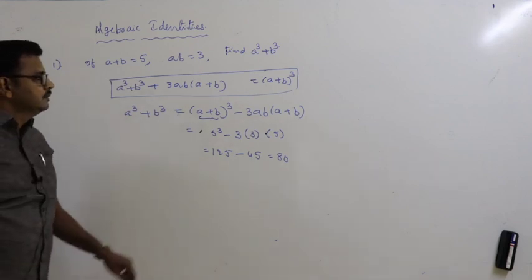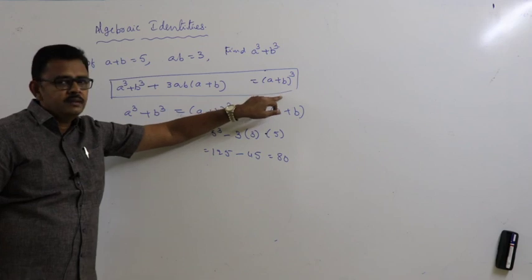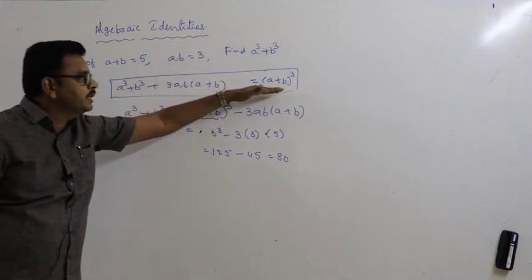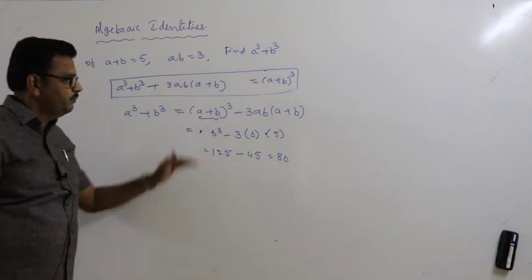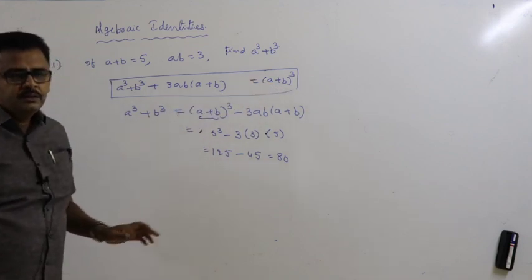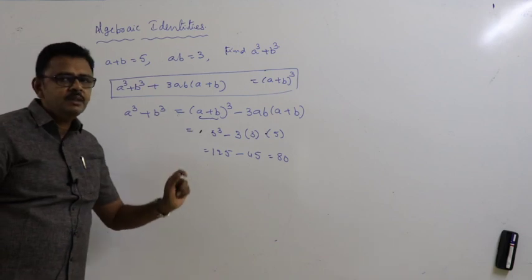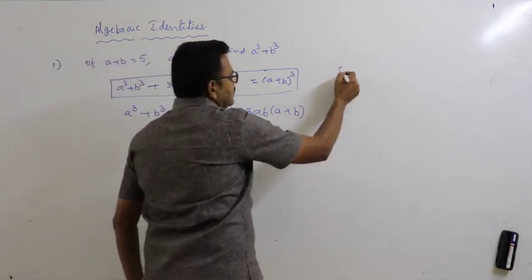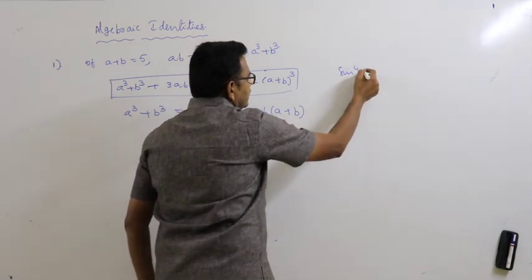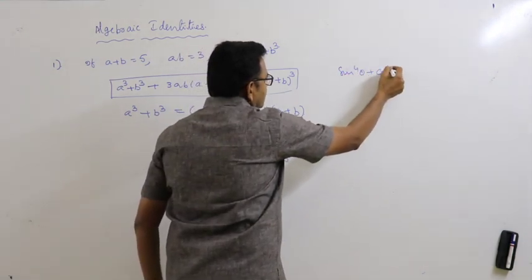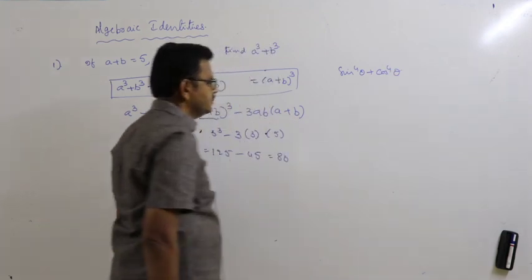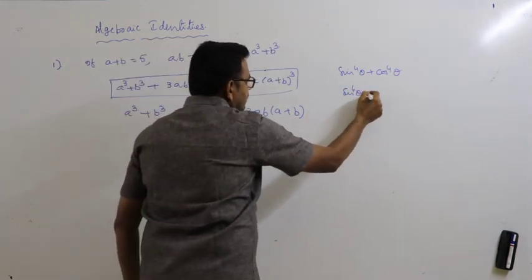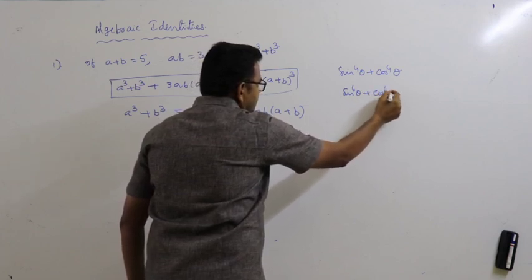Already I told you earlier, these algebraic identities play an important role in mathematics everywhere. I think you know the knowledge about trigonometry. Find the value of sin power 4 theta plus cos power 4 theta, or find the value of sin power 6 theta plus cos power 6 theta.